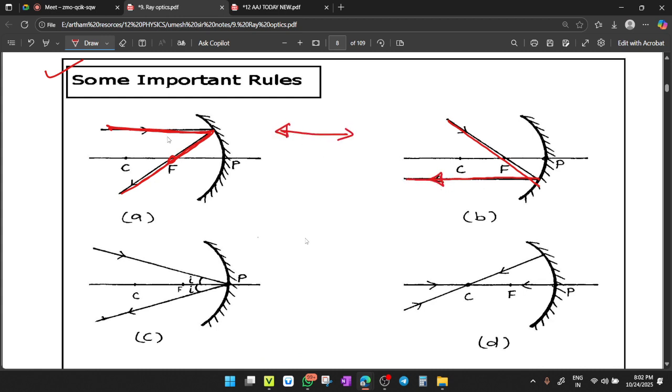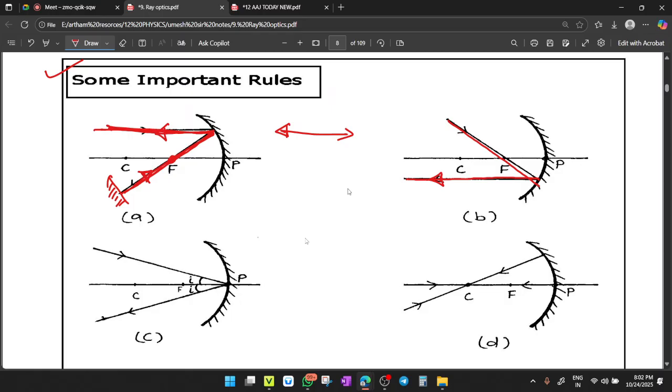Can you realize? You can place a mirror here. Then what reflection will take place? The light will reflect and pass again parallel to the principal axis. Clear or not?